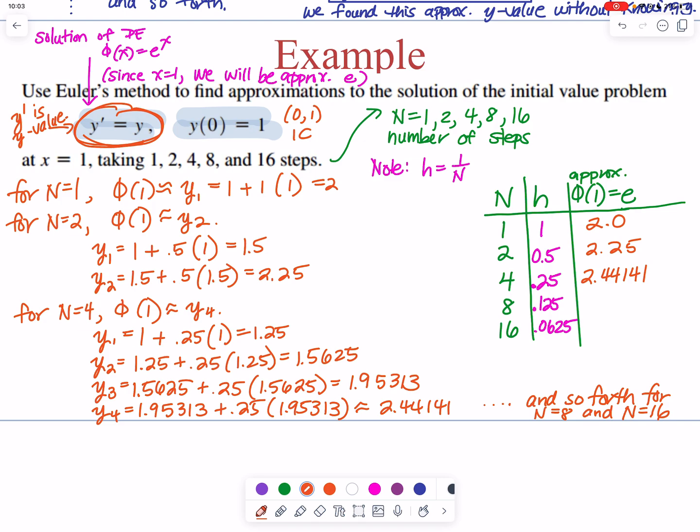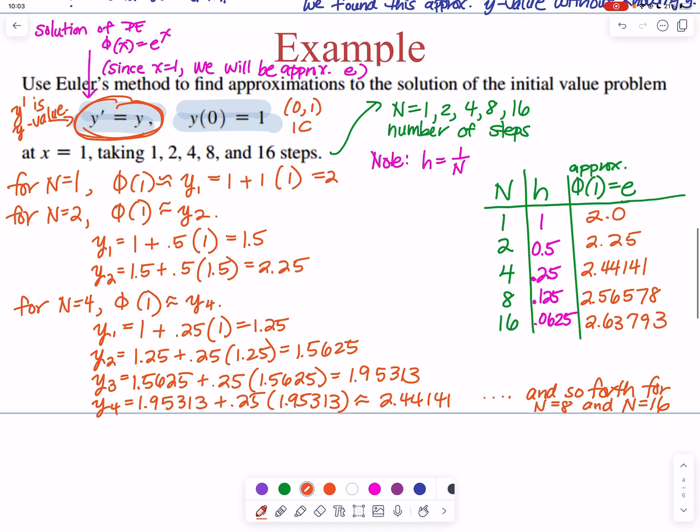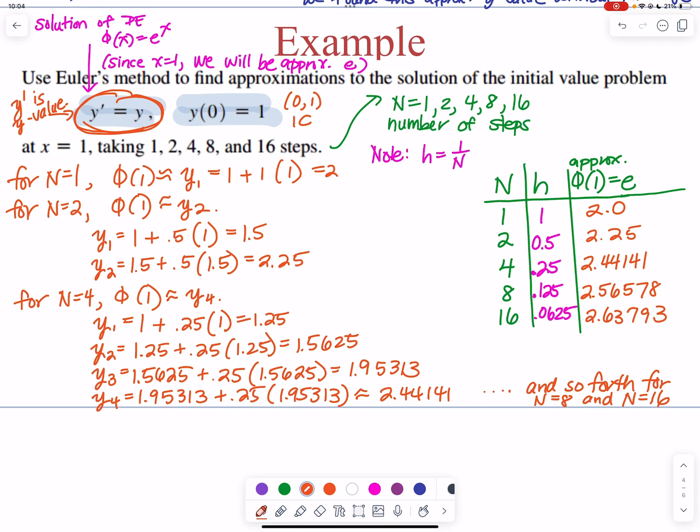If you take 8 steps with a step size of 0.125, you will have an approximation of y of 1, or the solution at 1, of 2.56578, and with 16 steps, 2.63793. So as you can see, we are approximating e using different step sizes, or you could say increasing the number of steps.